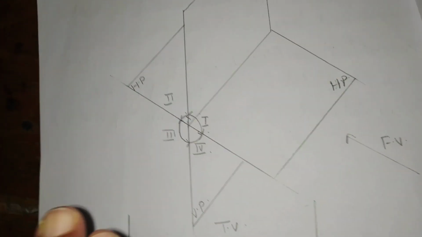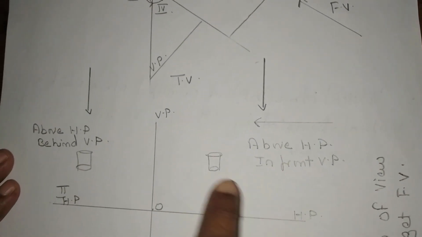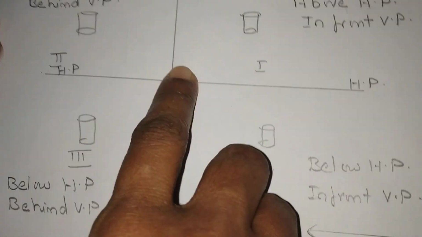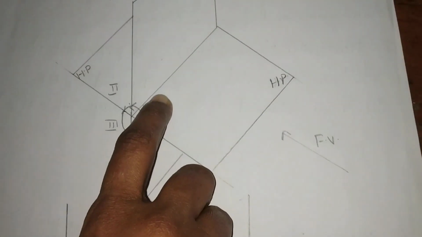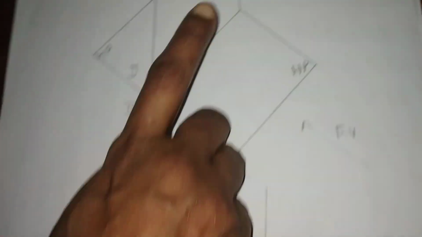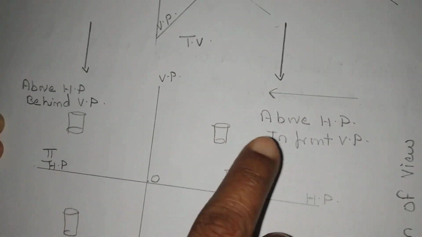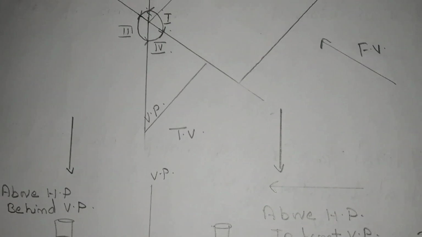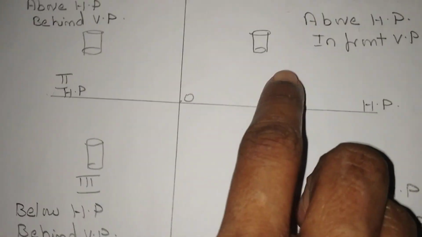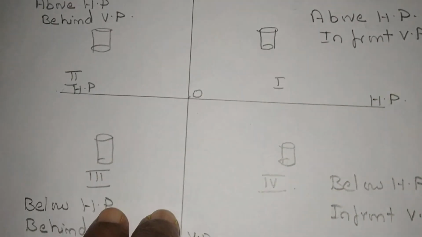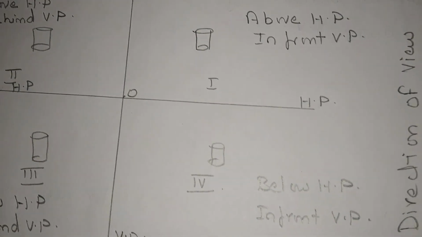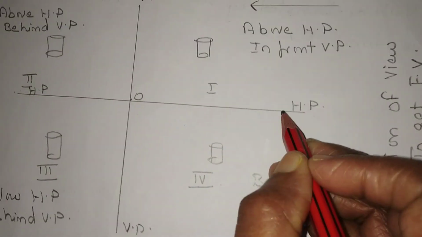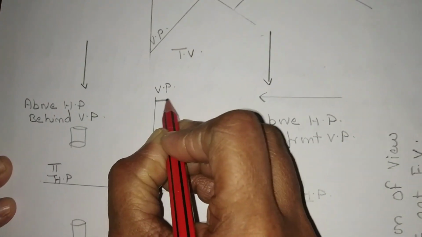We are following the Cartesian coordinate system, fine. So this is my first quadrant I have shown here, second, third, fourth. I have drawn it like this. This is my HP plane, this is my VP plane.